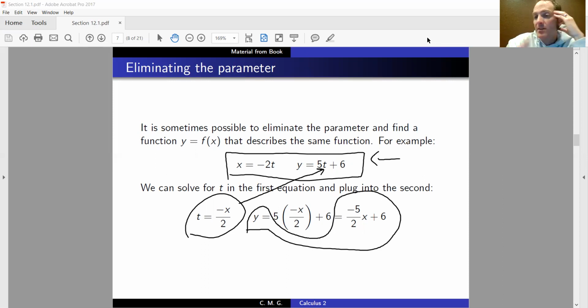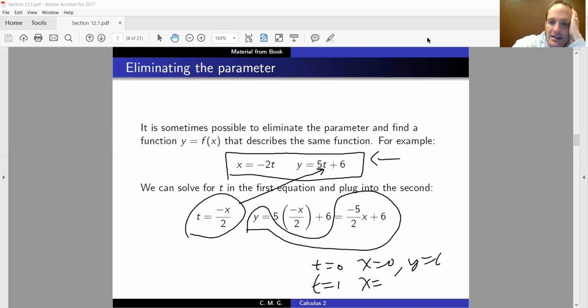So what I do to figure that out is I will plug in some t values. When t is 0, I get 0, 6. So 0, 6 is the point when I have t equals 0. When t is 1, x is negative 2, y is 11. So 5 times 1 plus 6 is 11.